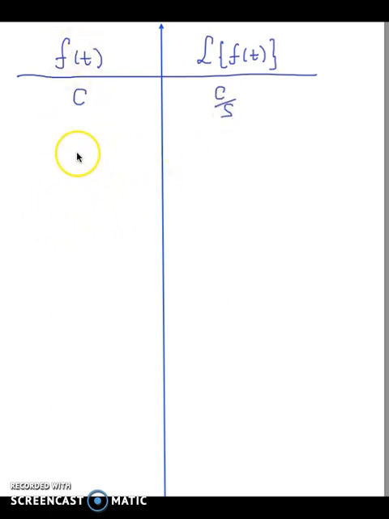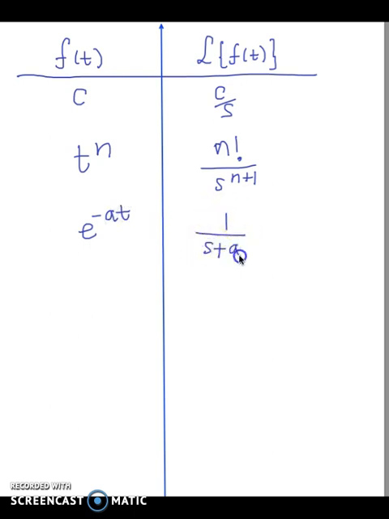It could be that this function is a power, f of t equals t to the n, then its Laplace transform is n factorial over s to the n plus 1. If the function is e to the minus at, the Laplace transform is 1 over s plus a. And then we have other examples of very classical functions here.